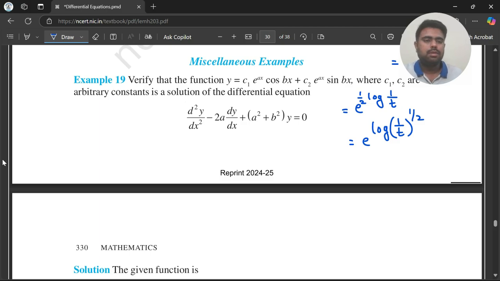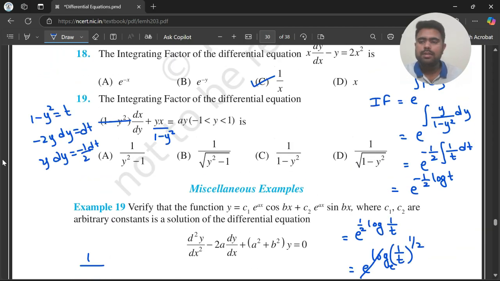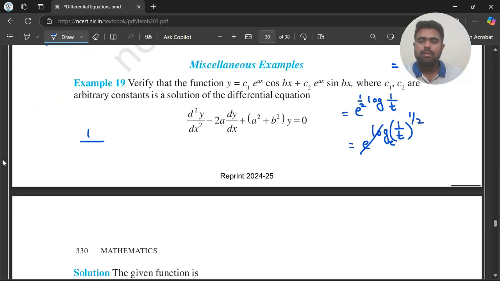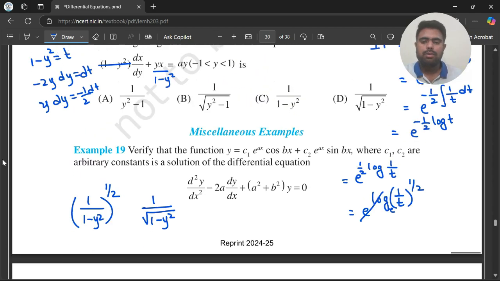So since it is to the base e, these two go off, so we get 1 by t whole raised to 1 by 2. What is t? t is 1 minus y square, so 1 minus y square whole raised to 1 by 2 is the square root, so therefore 1 by root of 1 minus y square is the integrating factor.